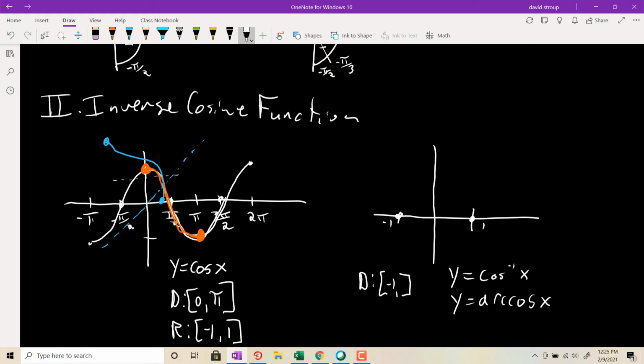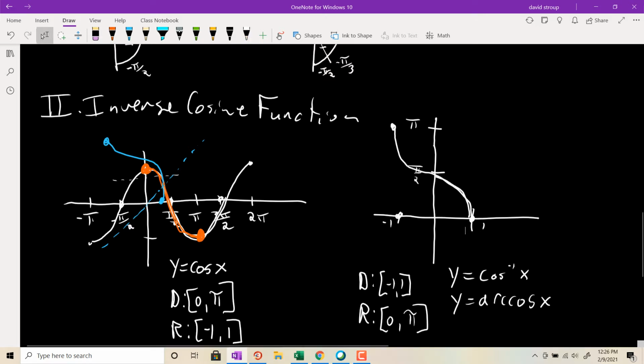And its range will now be the domain of the original function, which is 0 to pi. So I'm going by pi over 2 on the x-axis and ending up at pi up here, pi over 2, and the curve looks like this. It's bowl-shaped down and then bowl-shaped up, which we call concave down, concave up. And there it is in all of its glory.